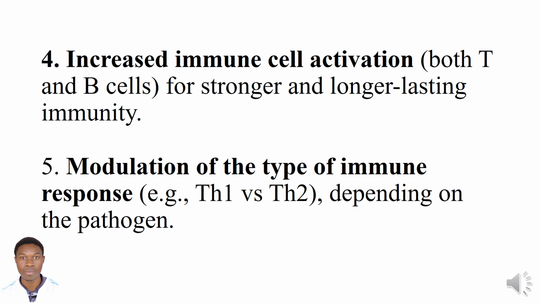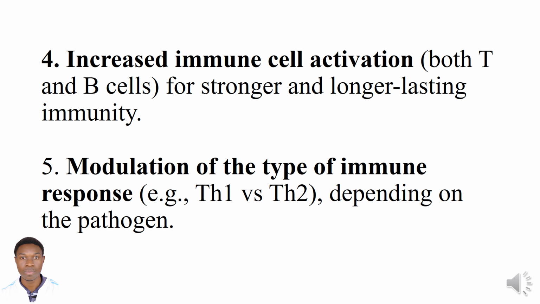Then fifth, there is a modulation of immune response quality. And this depends on the pathogen, where some adjuvants can influence the type of immune response generated, helping tailor the vaccine to be more effective against particular types of pathogens.